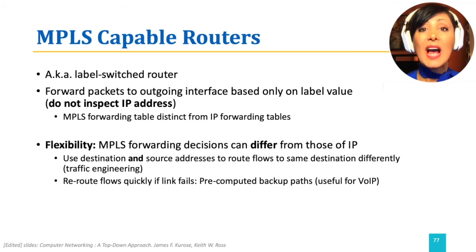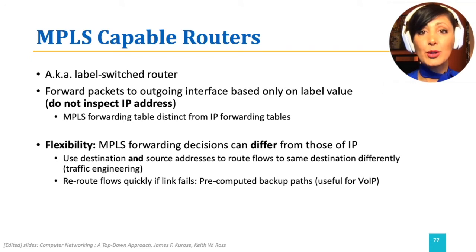MPLS also has the capacity to reroute the flows very quickly through a new path to the destination. This is done if there is a problem in the current route and is enabled through pre-computing backup paths. This will need a way like routing to find the paths, as well as protocols to distribute the MPLS labels to be used for switching.